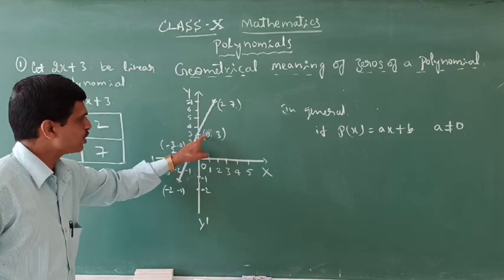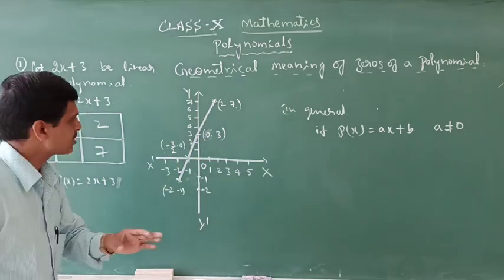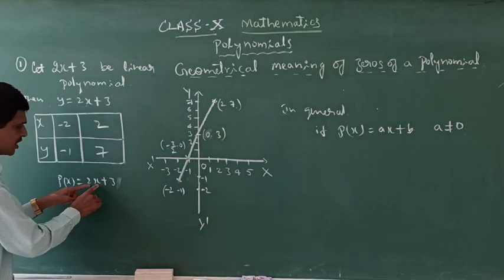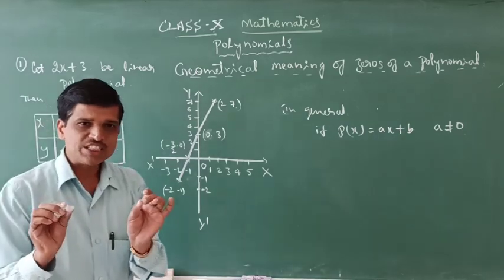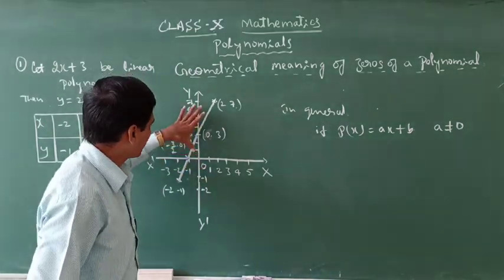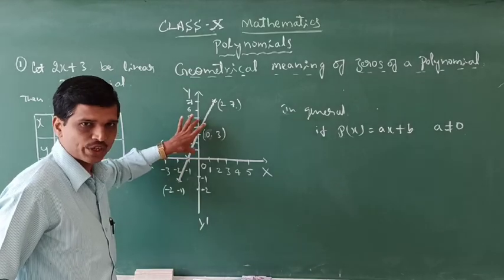Here, if we put these values, it does not become 0, because 2 into 3 is 6 plus 3 becomes 9. So it cannot go to 0. We require the zero of the polynomial, by using the graphical representation like this.